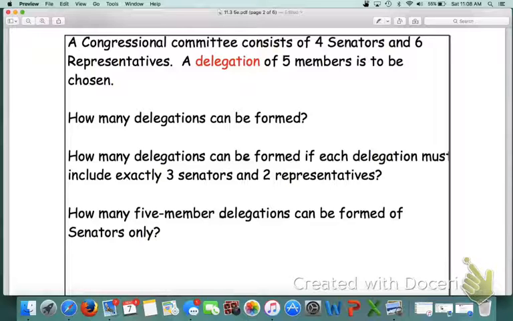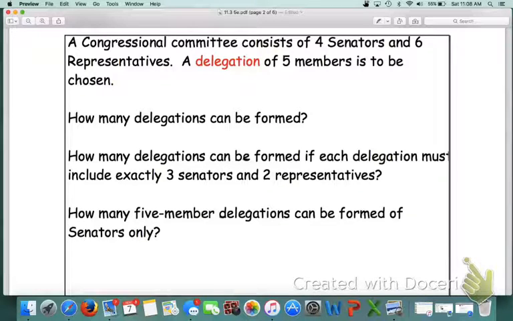A congressional committee consists of 4 senators and 6 representatives. A delegation of 5 members is to be chosen. So remember, on that first slide, I told you that if you ever come across a delegation, that's one of those situations where you're going to want to use a combination. So the first question asks us how many delegations can be formed.